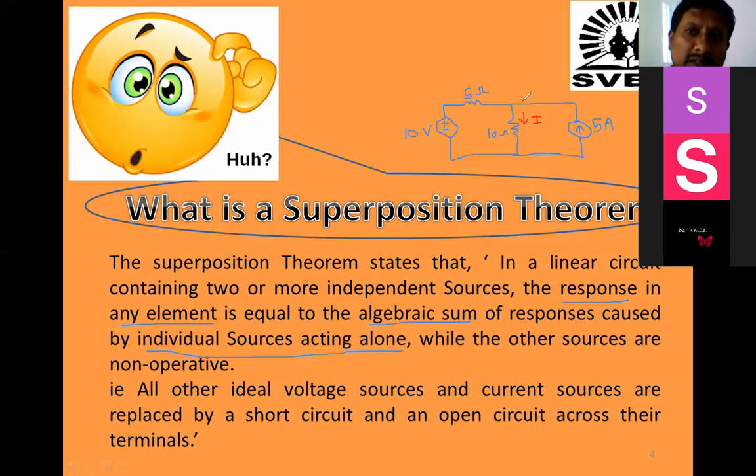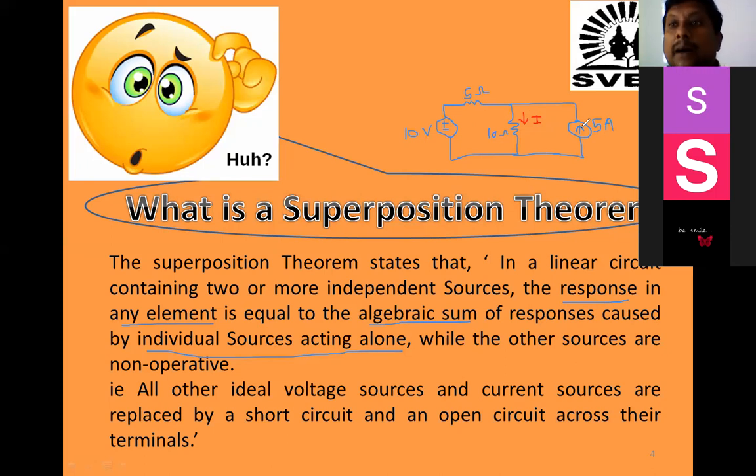So how can we find the value of I? By using nodal analysis we can solve it. Right? But in nodal analysis, both sources are acting simultaneously. That means this current I is due to 10 volt as well as 5 ampere. It is a combined effect. Right or not? Some current will flow due to the 10 volt, and the 5 ampere current source will also add to it.